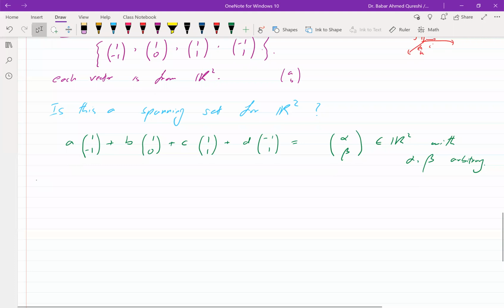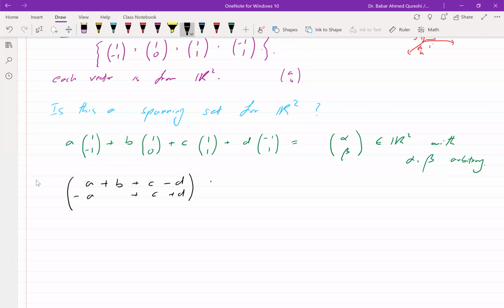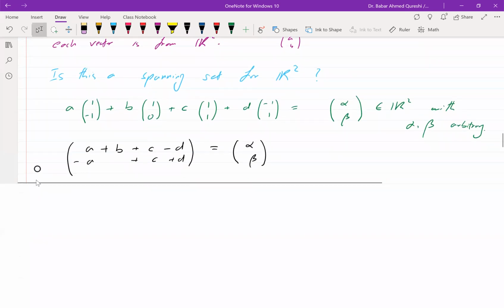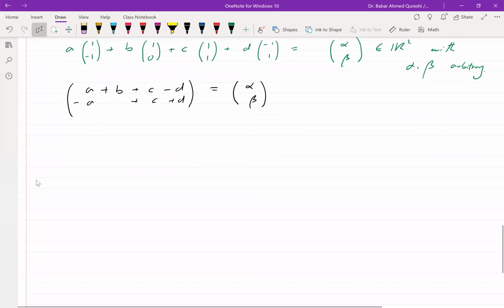Well, this is equal to this vector, and you are putting it equal to this vector. So you are trying to solve this equation.